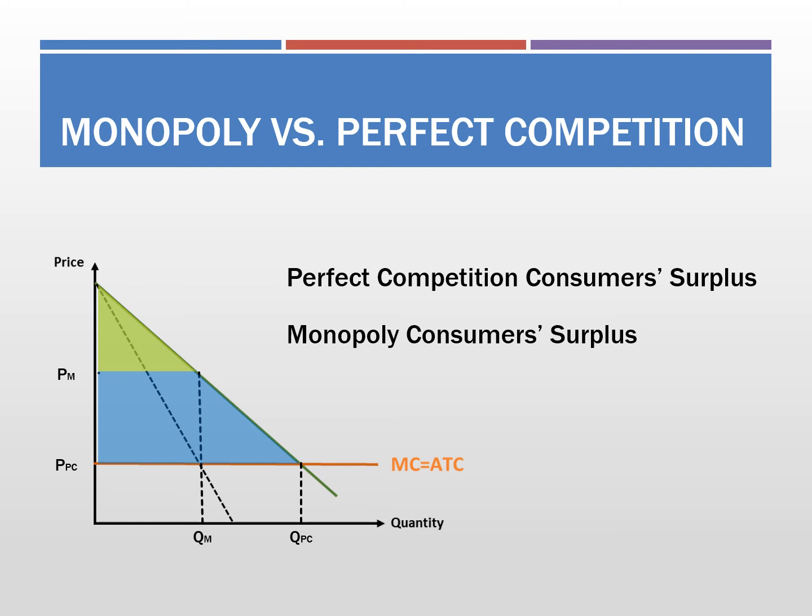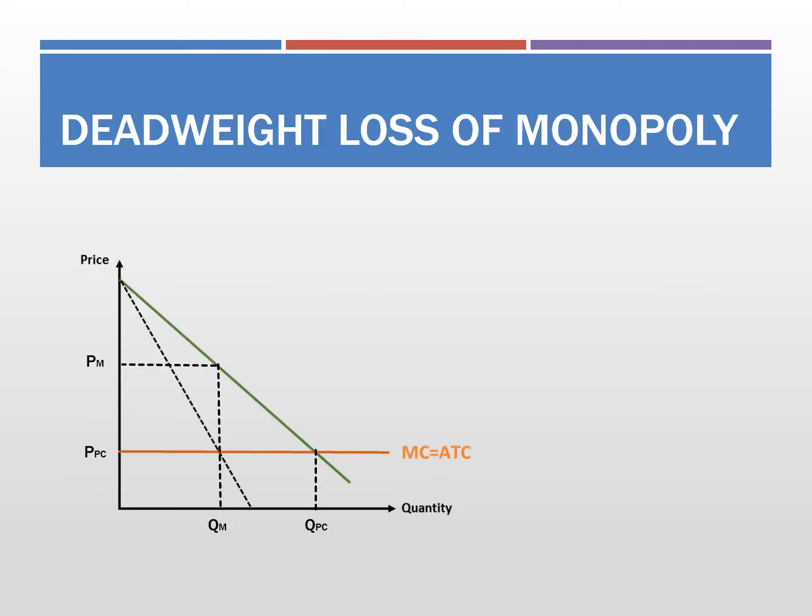And the producer surplus is going to change because now the monopoly firm will be able to capture the profits from this market. So the general idea is we will have a deadweight loss in this monopoly market as compared to the perfectly competitive market, and this deadweight loss is represented by these yellow triangles.